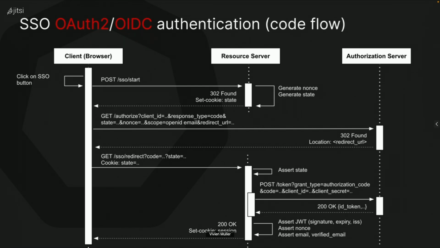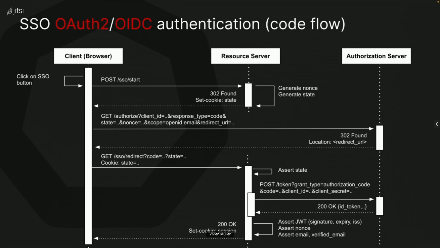And the user is redirected here again with the code. The code is what you will use from the resource server to query the authorization server to get some information about the user. And the state is also returned and is checked against what is in the URL and in the cookie.